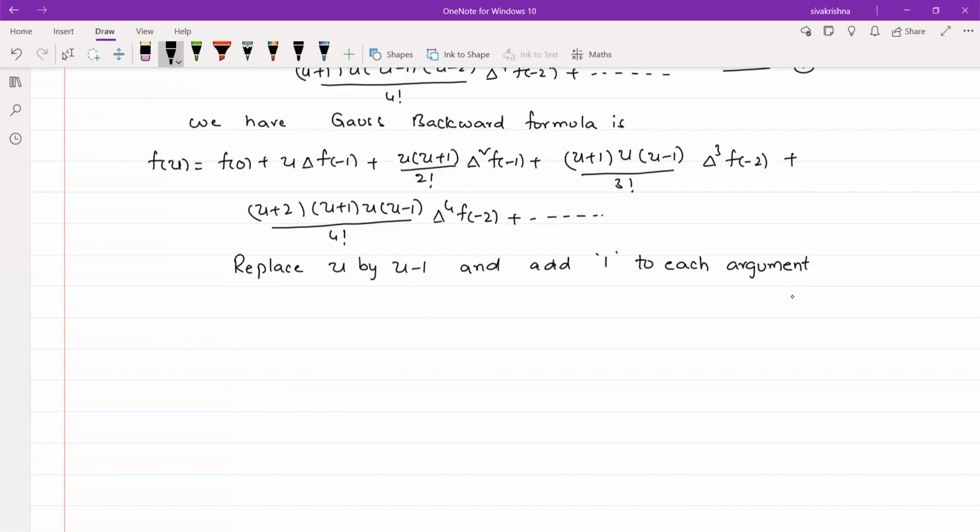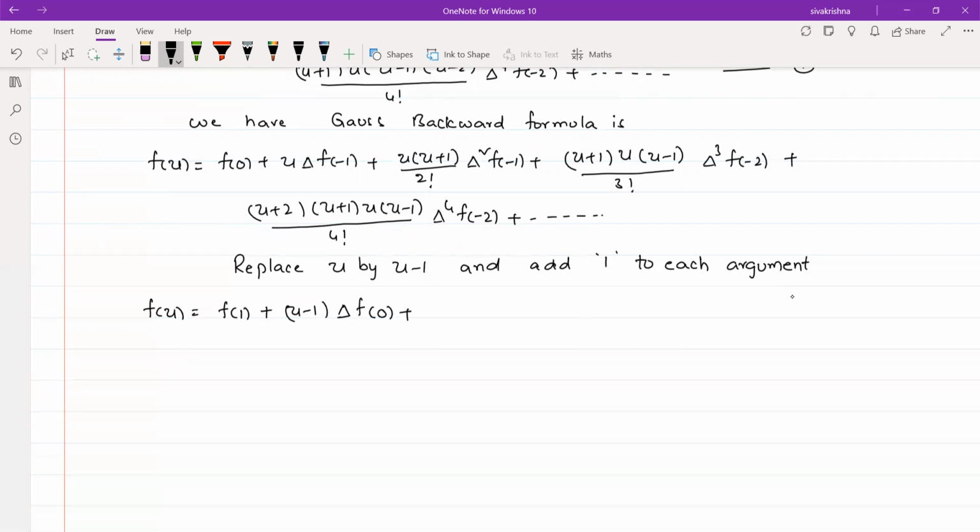So that we get f of u is equal to, whenever we add 1 to each argument, it means we add 1 to the values inside f, so the first term becomes f of 1. When we add 1 to 0, we get 1. For the second term, we replace u by u minus 1 into, and add 1 to the argument, so that minus 1 plus 1 is equal to 0.